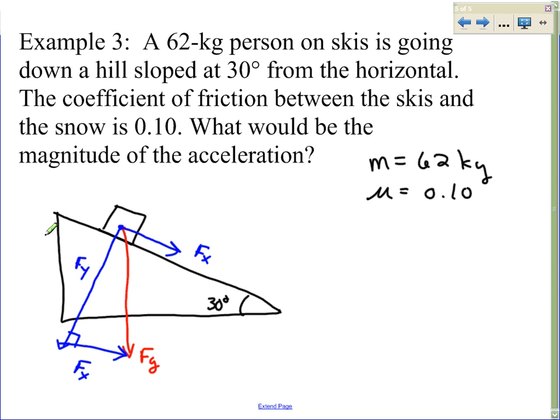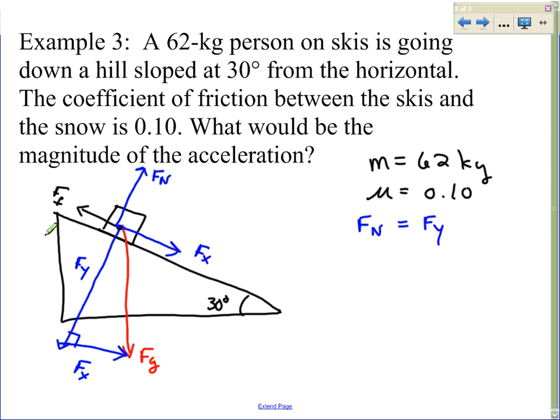We have a frictional force because we have a coefficient of friction, and that is in the opposite direction of F of x. Now, your Fy is perpendicular to the incline, and F of n has the same magnitude as Fy. So I want to write that down. Fn is equal to Fy on inclined planes.